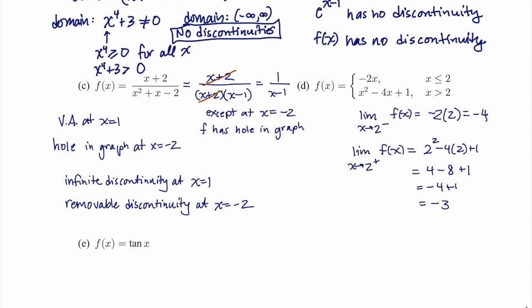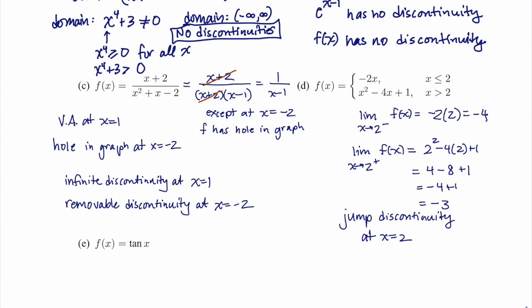So since the two sides are not approaching the same value, this is a jump discontinuity at x equals 2. And that should be the only discontinuity because those two branches, like we said, both are continuous linear functions and parabolic functions. It's just when they meet up, we need to know, do they meet up at the same spot? And in this case, no, they do not.